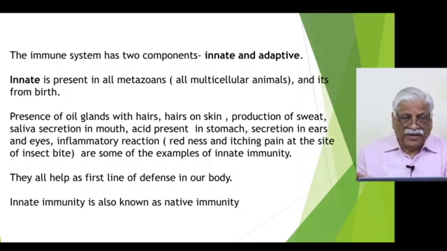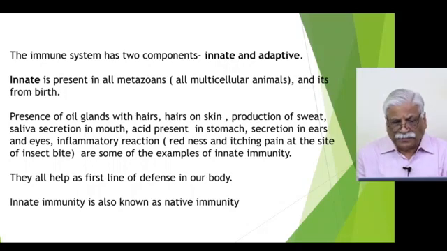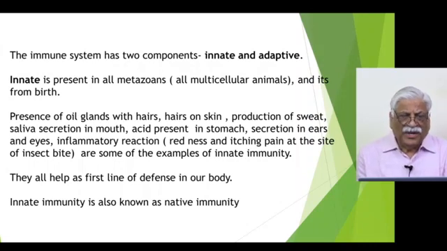Similarly, secretions in the ears and the glands present in the eyes, known as lacrimal glands, also secrete liquid. All these substances or structures present in our body help as a first defense against the non-cell substance trying to enter the body.